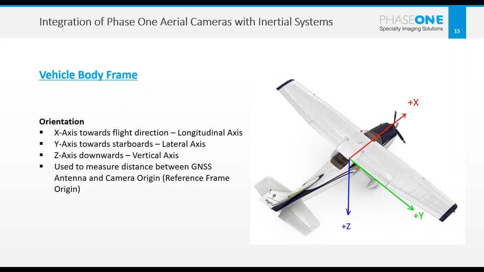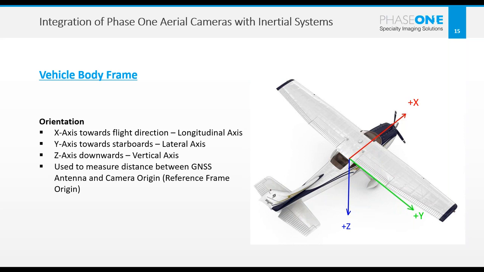So finally, we have the third concept, and this might sound trivial, but it is useful at some point. The orientation of the vehicle body frame is with its x-axis towards the flight direction, which is called the longitudinal axis, the y-axis toward starboard or to the right is the lateral axis, and the z-axis downwards, again, is the vertical axis.